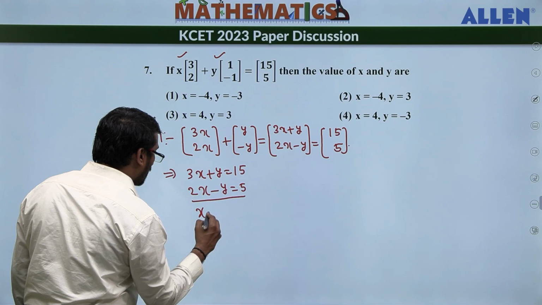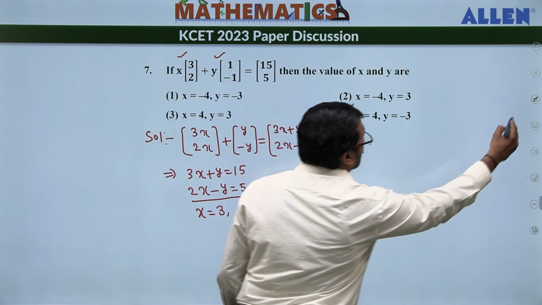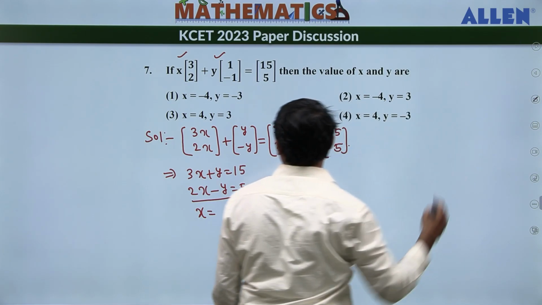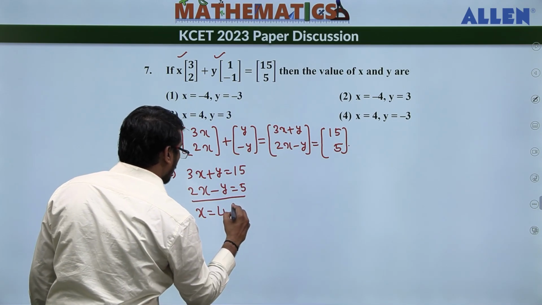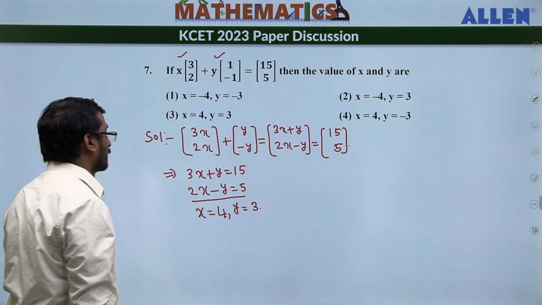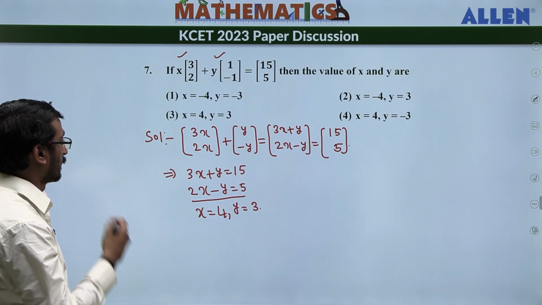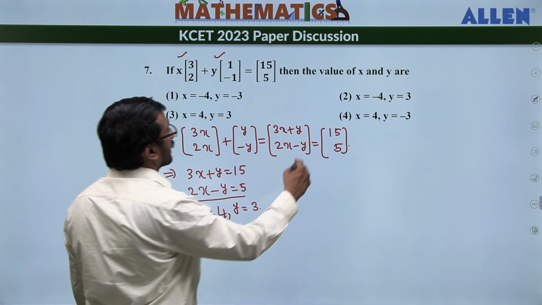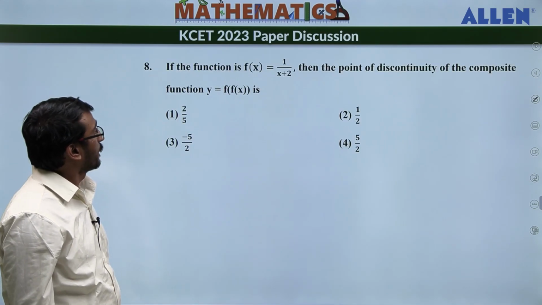So x is equal to 4, y is equal to 3. So this is the correct answer. Now let's move on to question number 8.